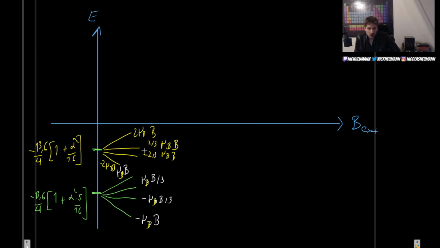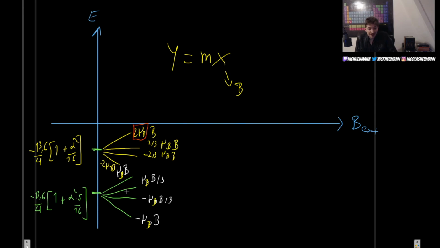And what are the slopes? Well, since our variable here is b, you can think of this as being y equals mx, right? Where x would be b in this case, and m would be whatever is accompanying it. So in this case, our slope would be 2 times the Bohr magneton. Here it is 2/3 times the Bohr magneton, and so on.